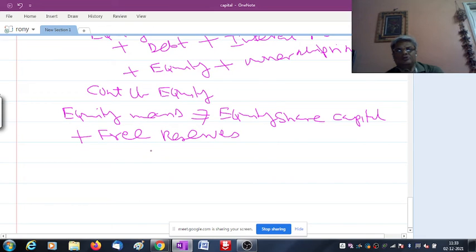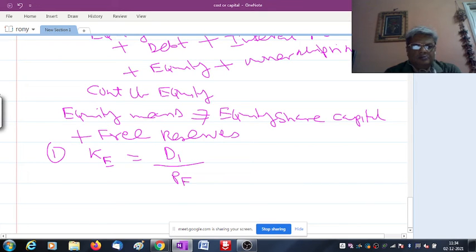Equity share capital, I have already discussed. The first method is KE, cost of equity capital, equal to D1 by P.